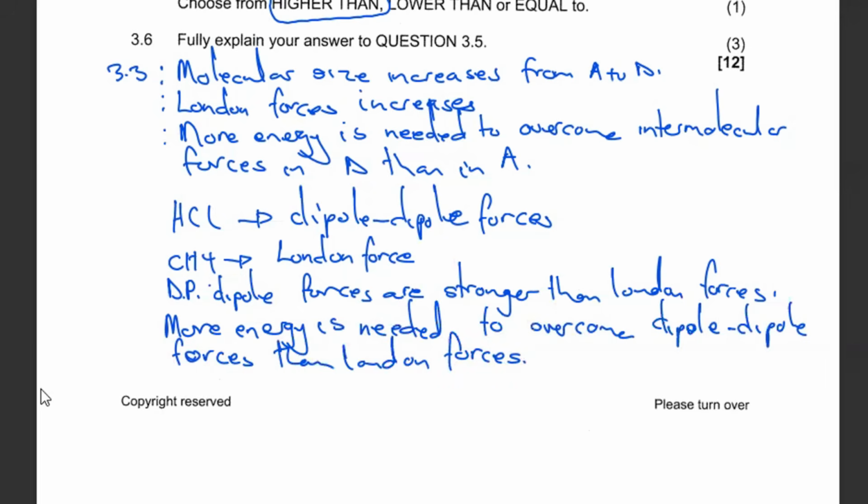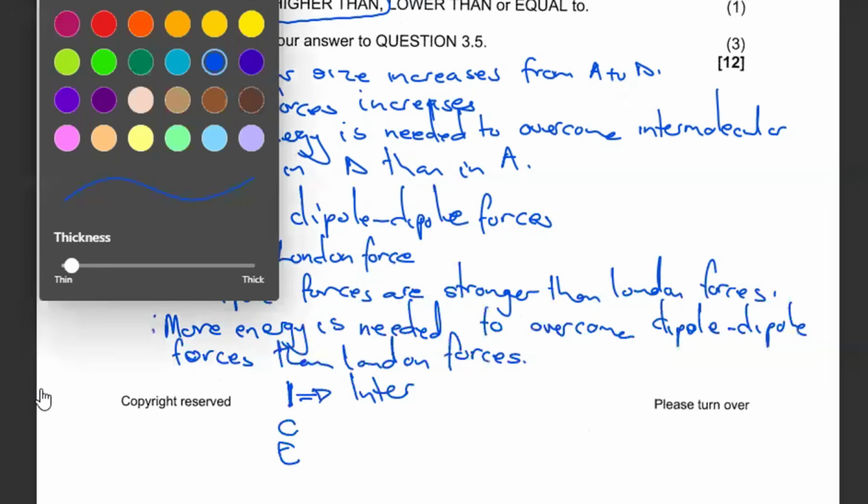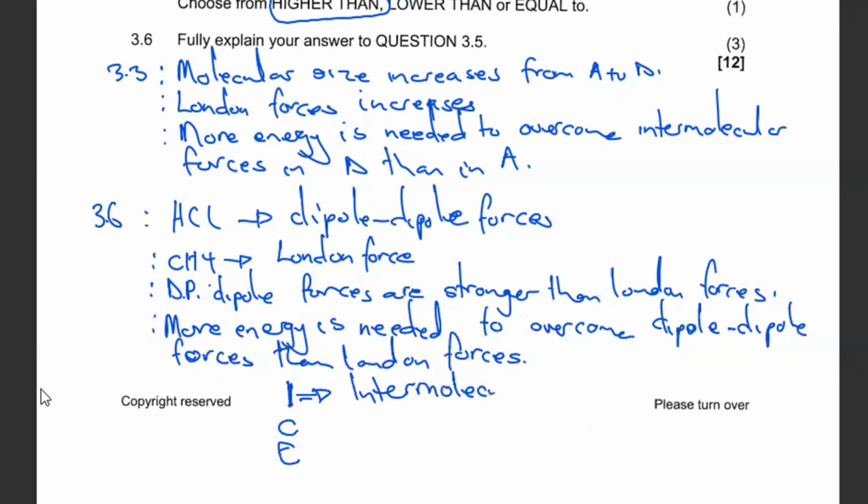In answering 3.6, what you can also start with is the I's. The I is the intermolecular force: try to identify the intermolecular forces. Then the second bullet, we are supposed to compare these in terms of their strengths.